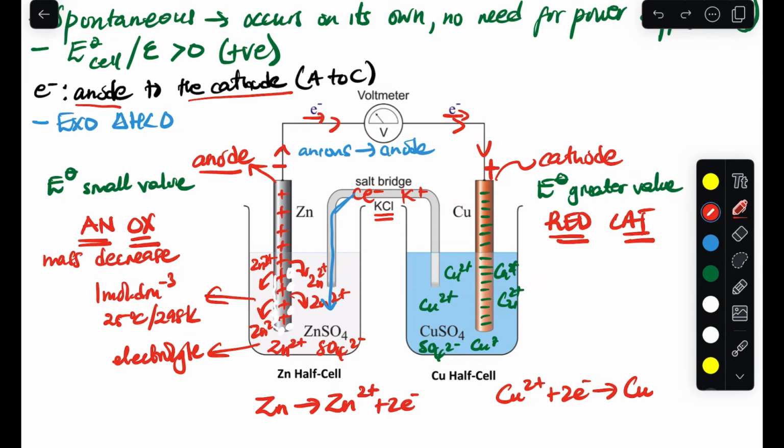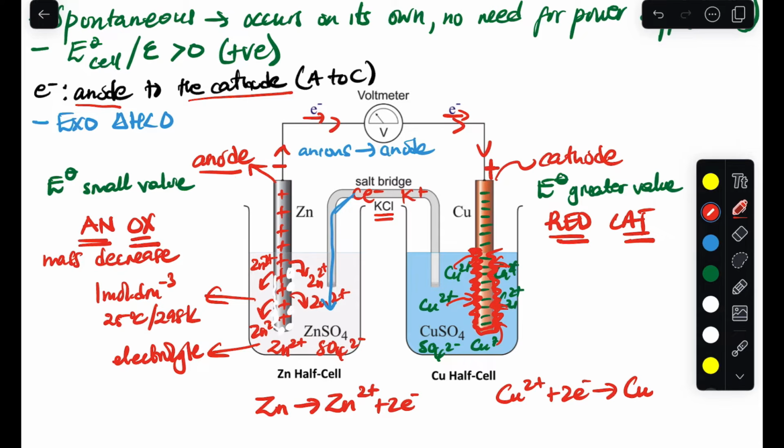They will be attracted there and be reduced there. So they will form a solid. Do you see? The Cu2+ will be attracted there, be reduced, gain electrons and become solid. So here's the solid that is deposited here.